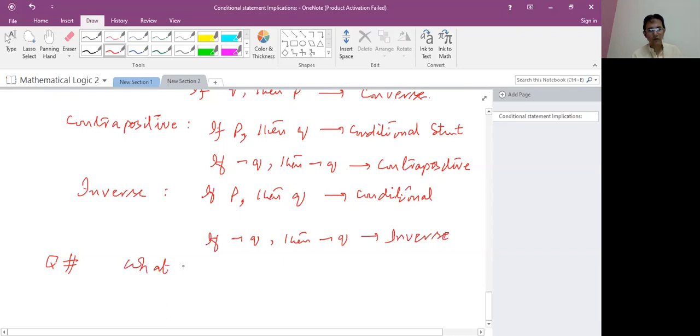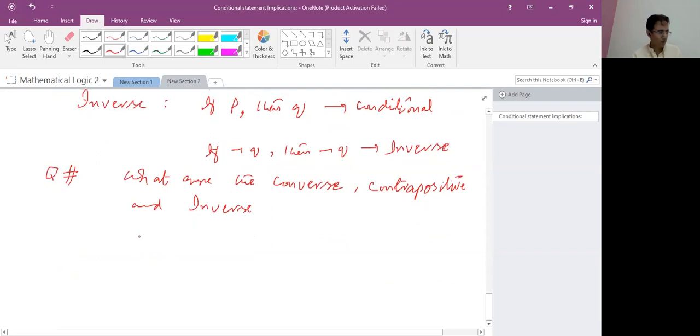What are the converse, contrapositive, and inverse? The first statement given is: the home team wins whenever it is raining.